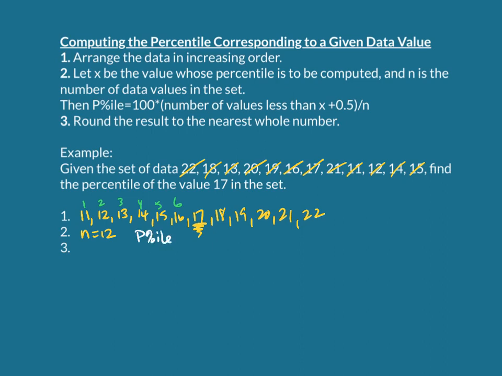So the percentile is equal to 6 plus 0.5, the number of values less than the number we're considering, plus 0.5, and then divide that by n. Whoops, sorry, forgot the times 100. Let's back up.